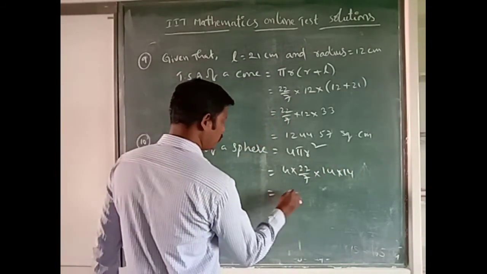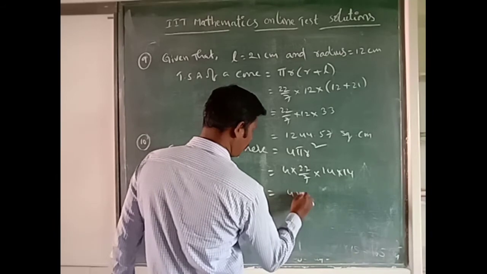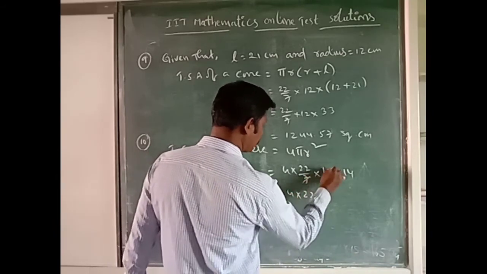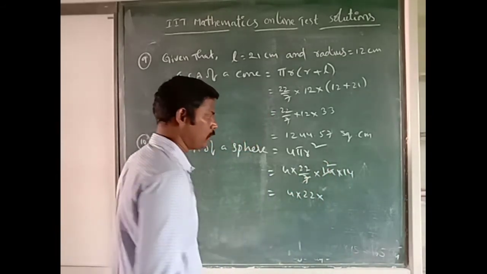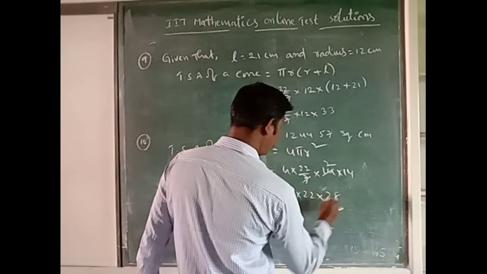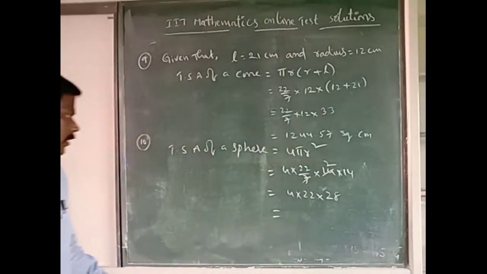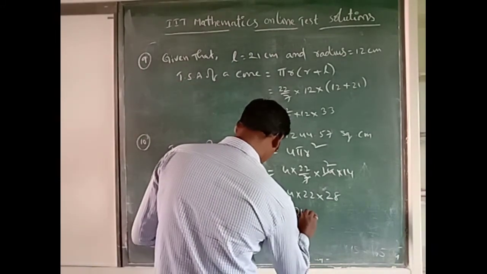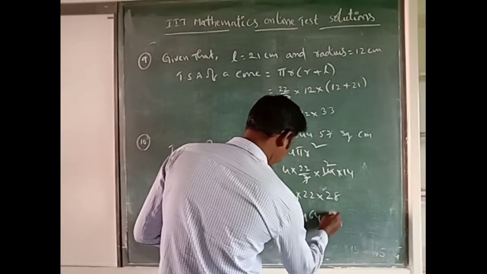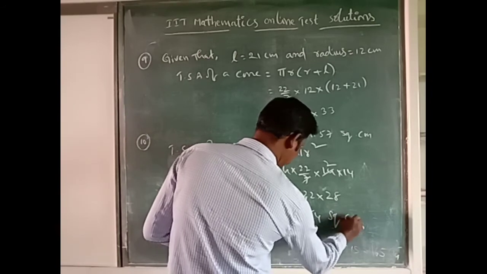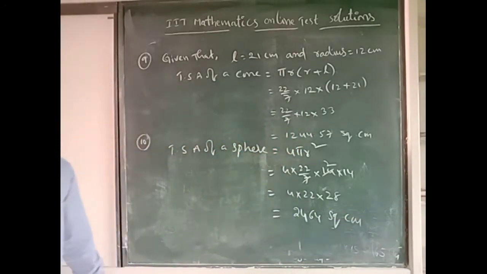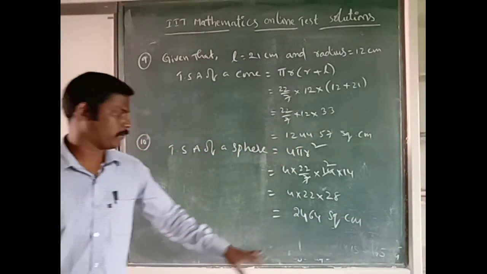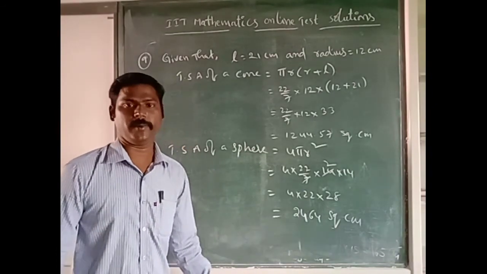Okay, children? So 4 into 22, 7 twos are 14, 7 twos are 14, 7 twos... if you multiply, we get 2464 square centimeters.